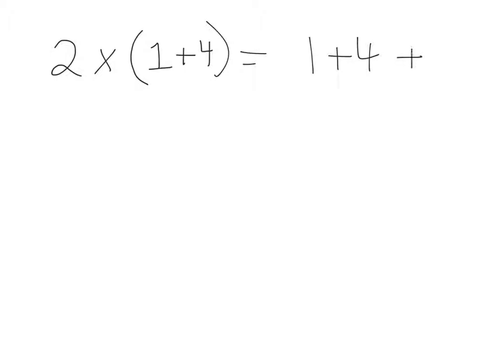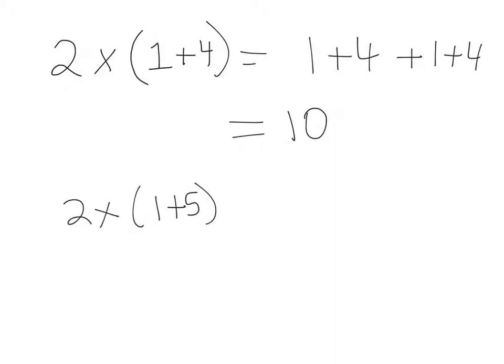So if we go 1 plus 4, we get a total of 1 plus 4 is 5, plus 1 is 6, plus 4 is 10. Or if we write it out like it would suggest here, we could go 2 times 1 plus 4, which is 5. Oh, I've made a little error there. This is meant to be a 4.